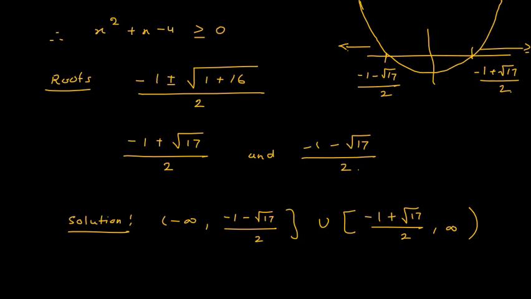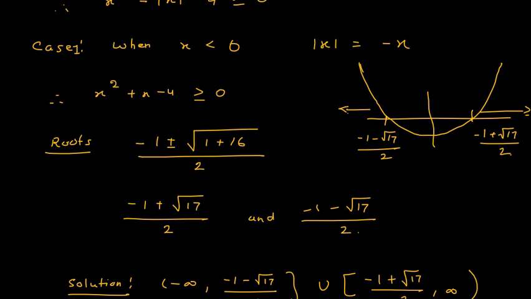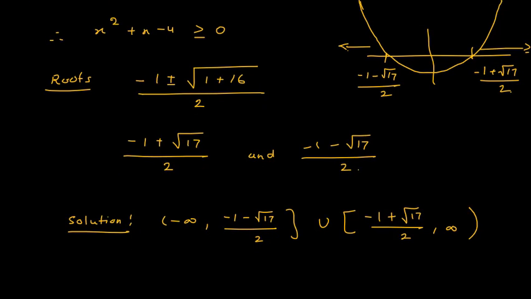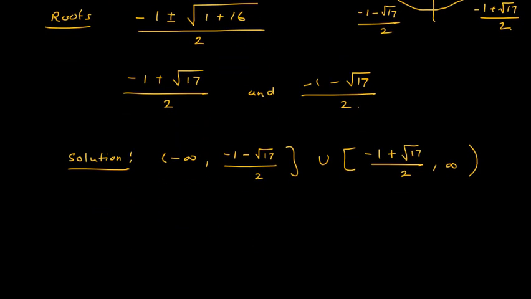This is one solution we get when we consider that x is less than 0. Now here x is less than 0, so this particular side does not include x less than 0, so this will not be part of the solution. I will consider only this part, minus infinity to minus 1 minus root 17 divided by 2.